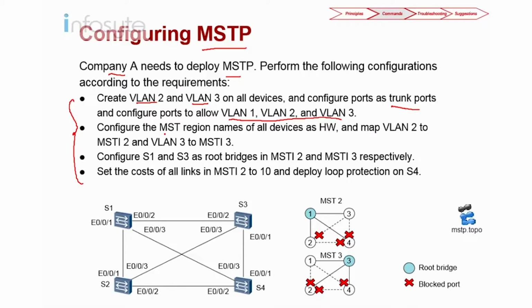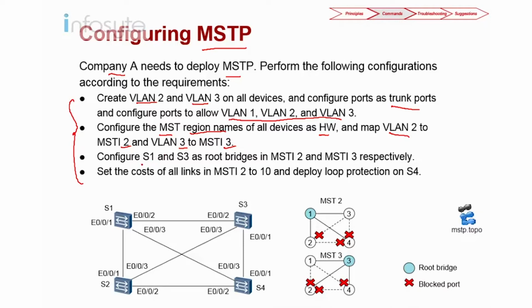Now this is the part that is most relevant to MST. Here we are going to configure the region name. The region name we are going to use is HW, and we are going to configure 2 instances: instance number 2 for VLAN 2, and instance number 3 for VLAN 3. So we have 2 instances that we create, and by default we have MSTI 0, which is the IST.